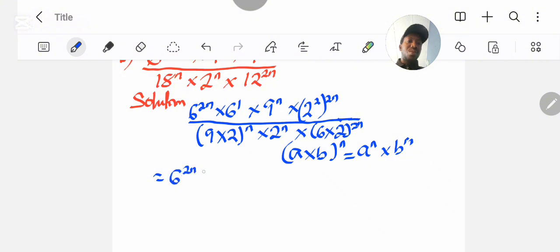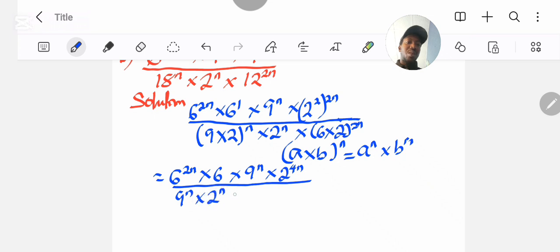6 raised to power 2n times 6 raised to power 1 is 6 times 9 raised to power n times 2 raised to power 4n, multiplying these two, all over this one, now splitting it: 9 raised to power n times 2 raised to power n times 2 raised to power n times 6 raised to power 2n times 2 raised to power 2n.